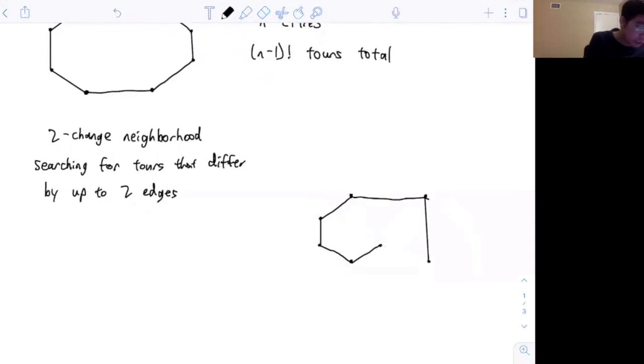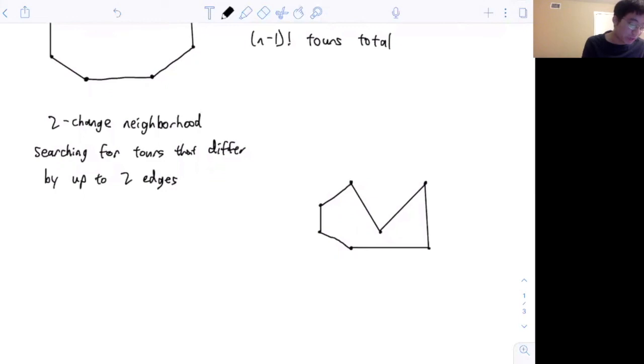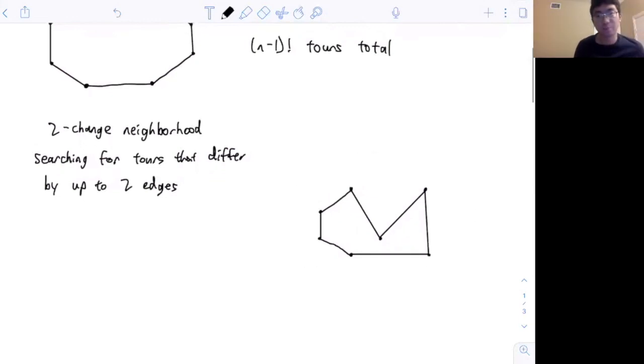We're not searching wide enough. So if we were doing a local search on a two-change neighborhood, we would be stuck at this solution. This is the solution that we would find, which is not optimal, but it is an improvement upon what we started with.